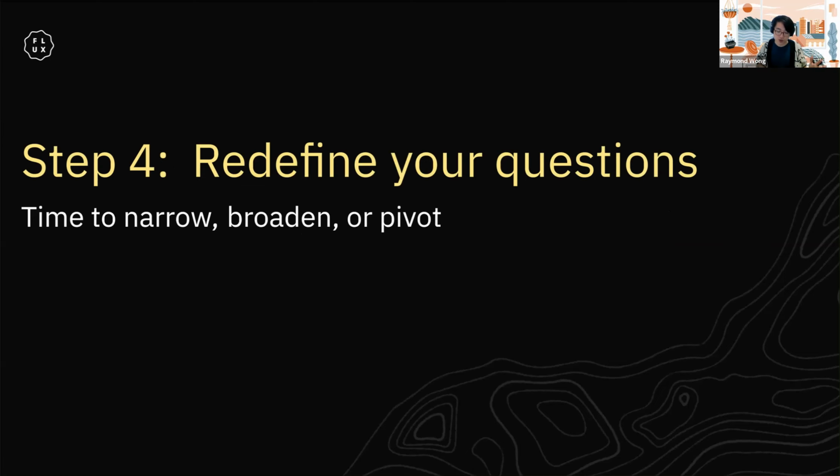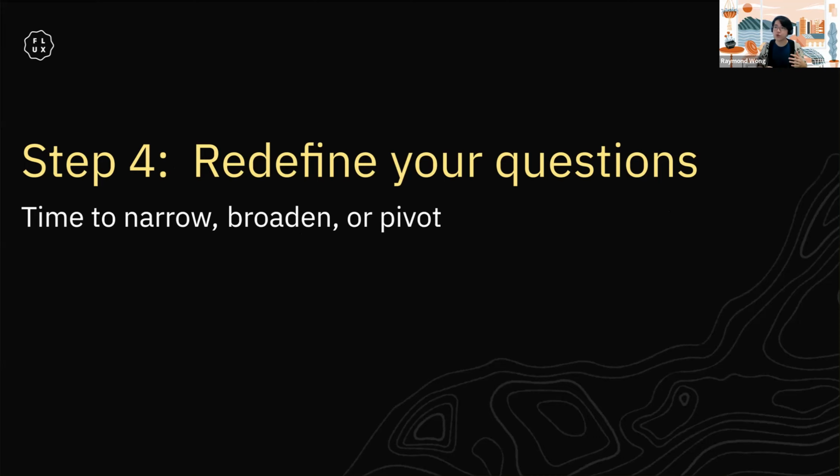So learning how to do Google search is very important. But after you've done that Google search and looked at data and secondary sources, you're going to be able to redefine your problems and questions. Think about this. Now that you have some data, you might find out that people in the low income group waste more than people in the high income group, which sometimes might contradict what you thought.